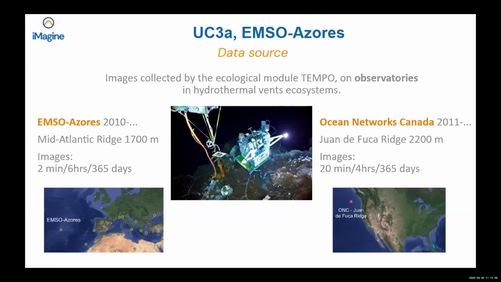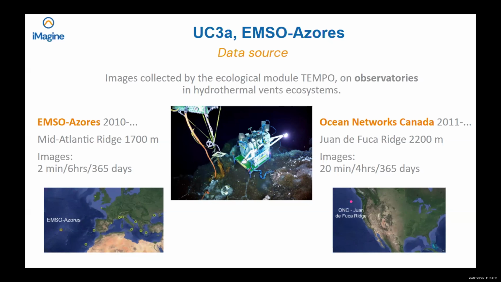Each module has collected video since 2010, and 2011 for the one in the Pacific. They record videos at a precise frequency: 2 minutes each 6 hours throughout the year for the EMSO-Azores one, and 20 minutes each 4 hours for the Pacific one.